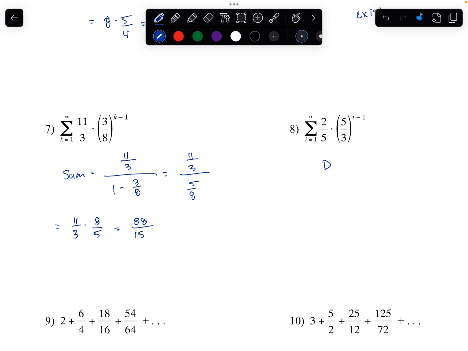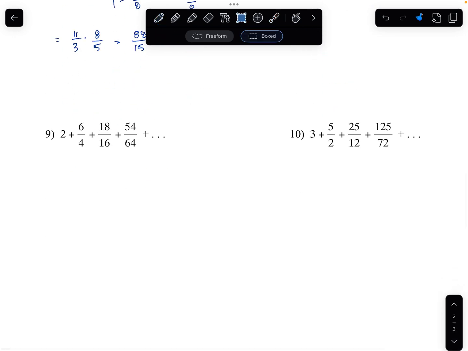Also, sum does not exist because the ratio here is greater than 1. Here, the first term is 2. Now we have to find the common ratio.